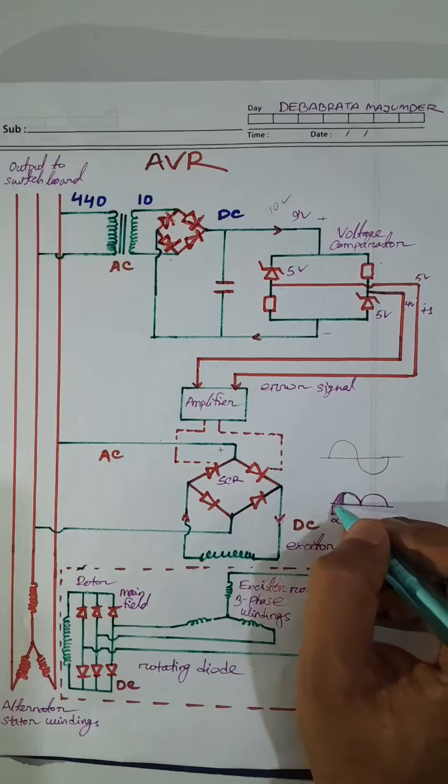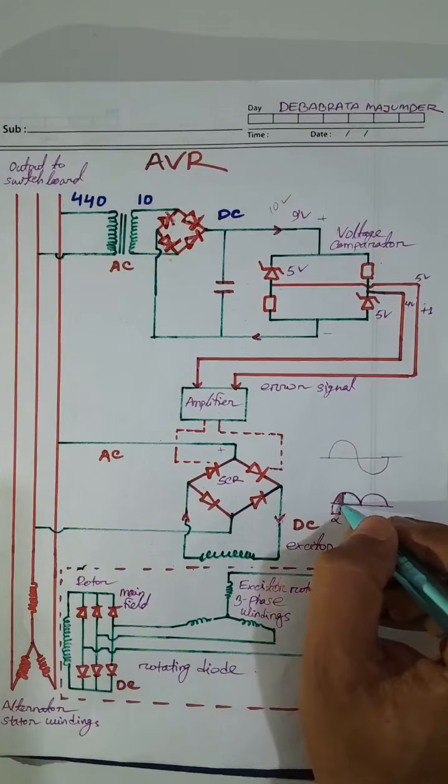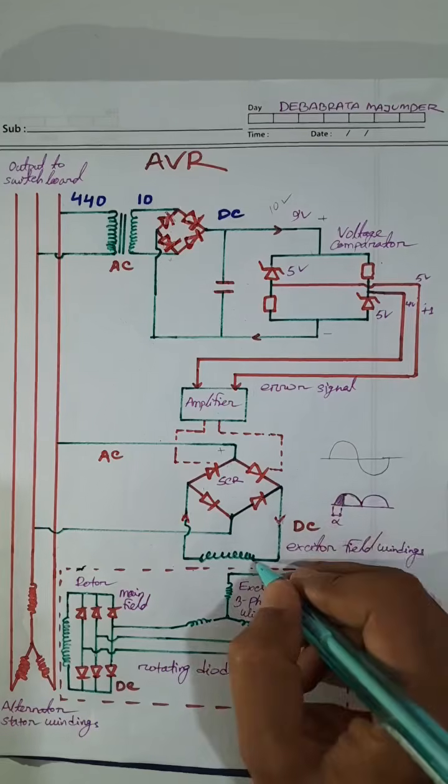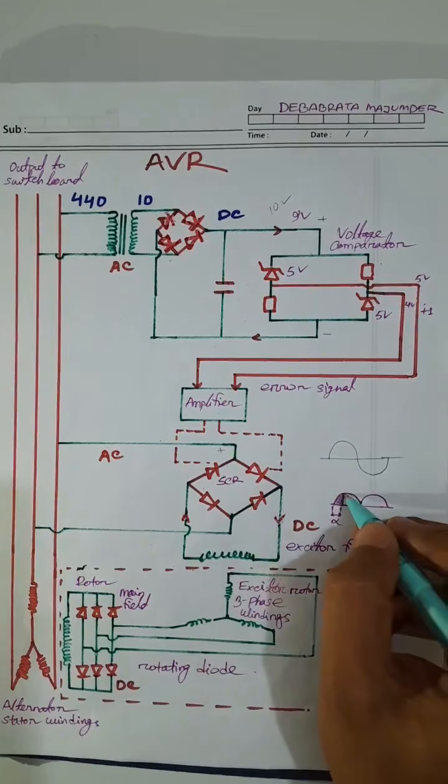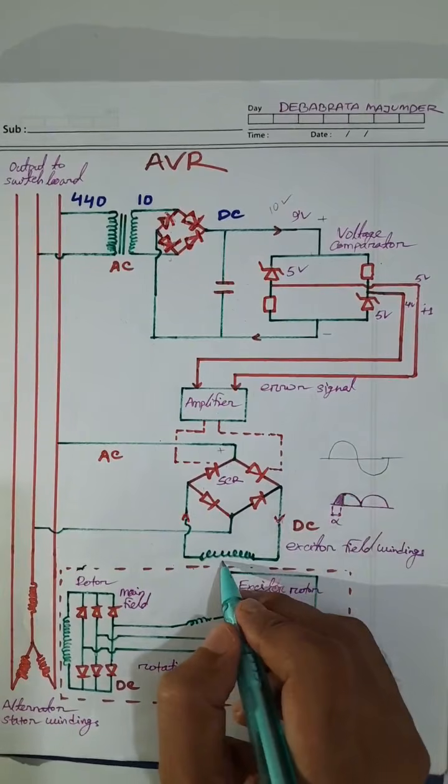This alpha is expressed as the firing angle, and this cross-section area we will not get for the excitation. We will get only this area for the excitation of these windings.